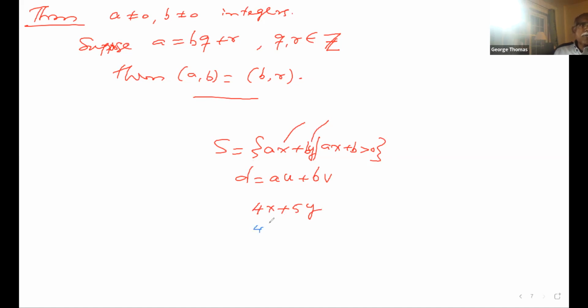You can have 4 times 1 plus 5 times 2, 4 times minus 1 plus 5 times 3. You can have all kinds of integers there. We are saying that this number D is A times, that means that these have to be fixed numbers. And I call those fixed numbers U and V.